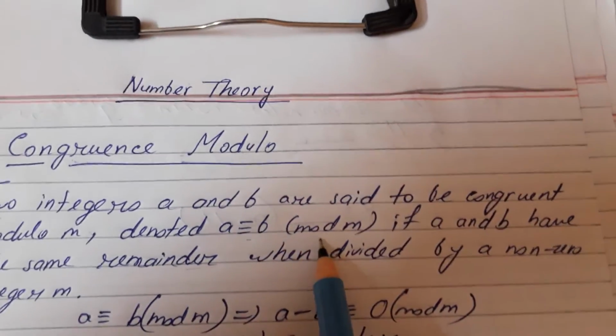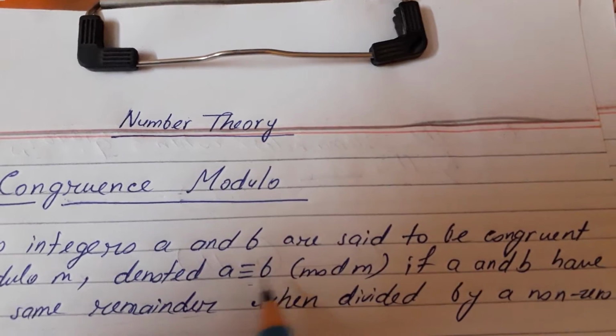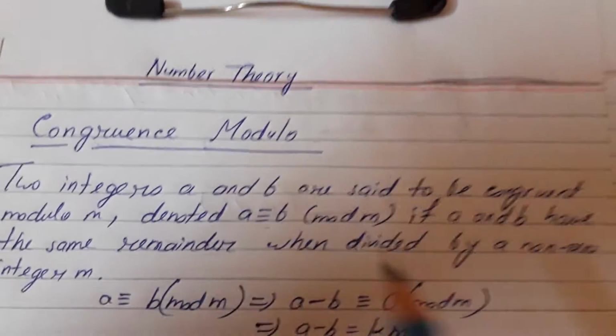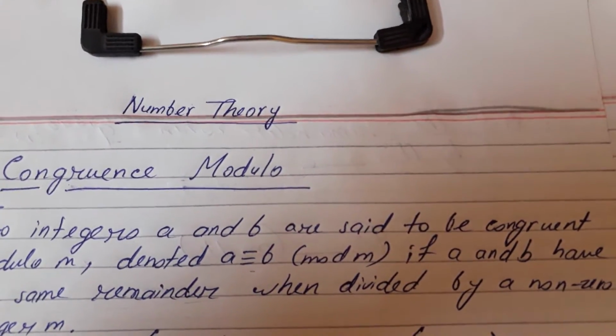It means when you divide a by m and b by m, then in both cases the remainder will be the same. This is all about congruence modulo.